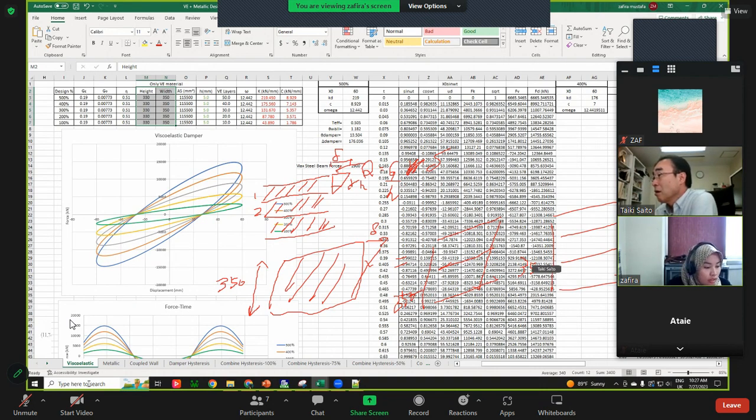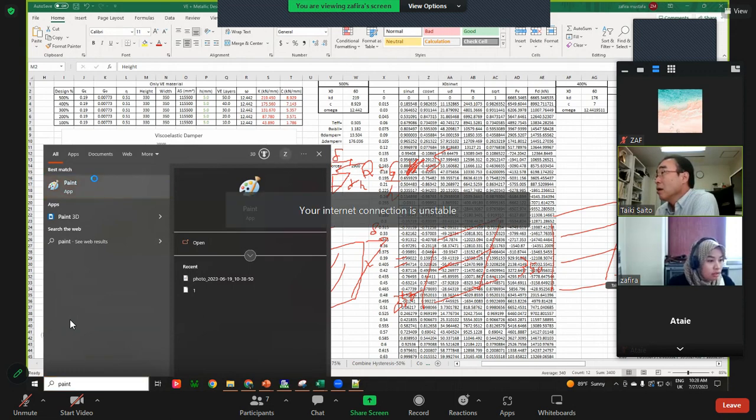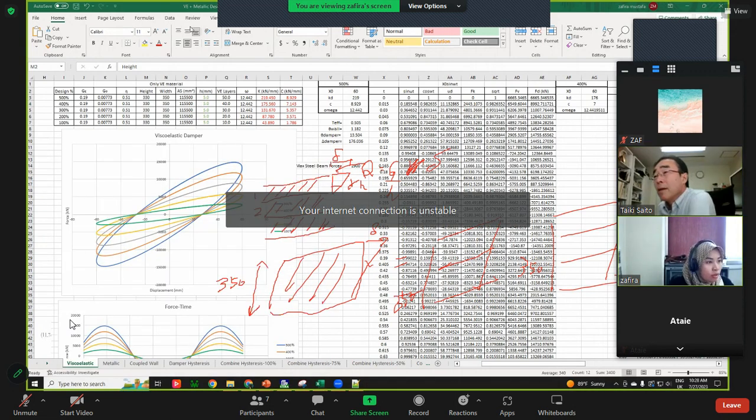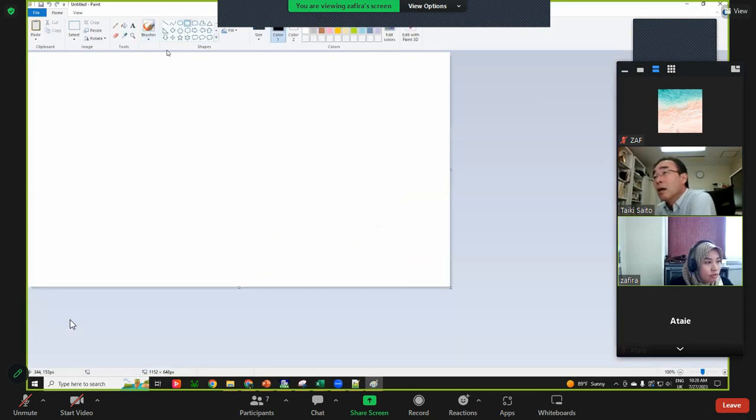Okay, I think maybe I explain. I draw something. This is the viscoelastic, and here the width is 350 and the height is 330, and this is the one area of viscoelastic.